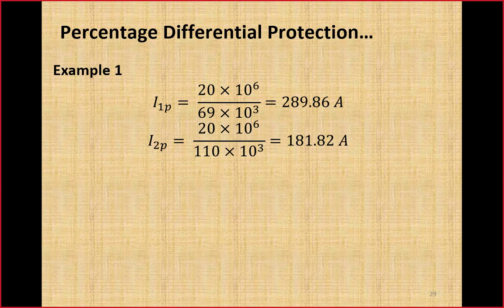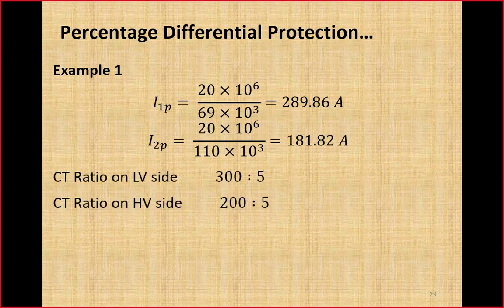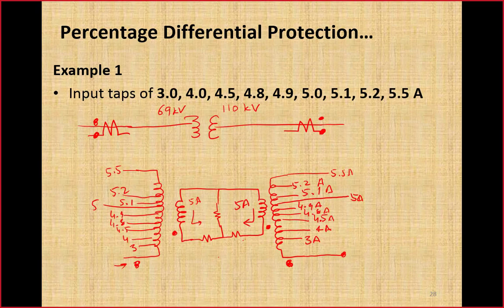So the closest CT ratio that should be applied on the 69 kilovolt side will be 300 into 5, and the CT that will be used on the 110 kilovolt high side will be 200 into 5. So here is the CT ratio for LV side 300 into 5, and CT ratio for HV side 200 into 5. Let's go back and mention this over here.